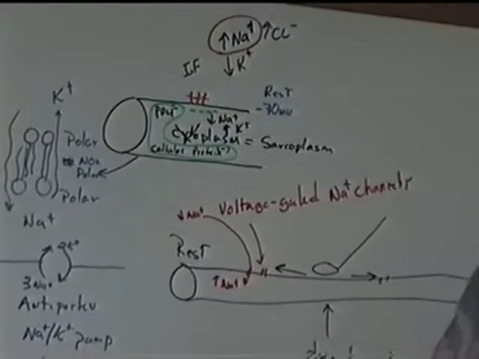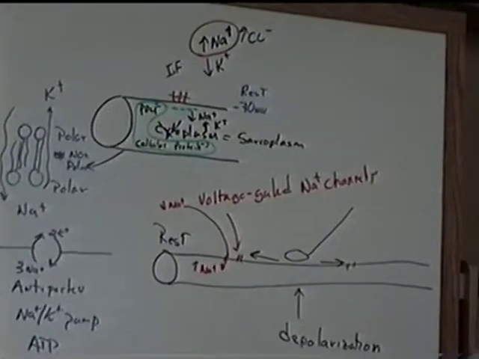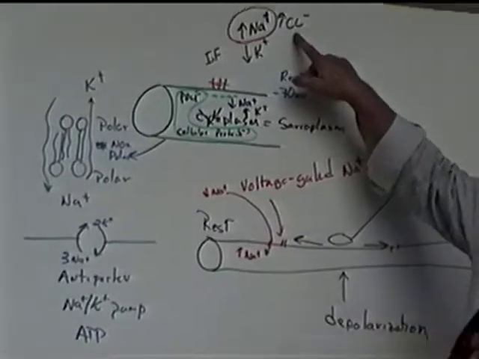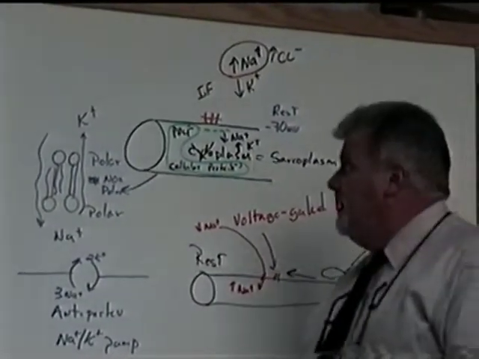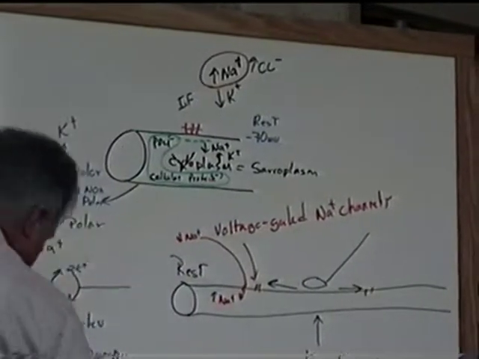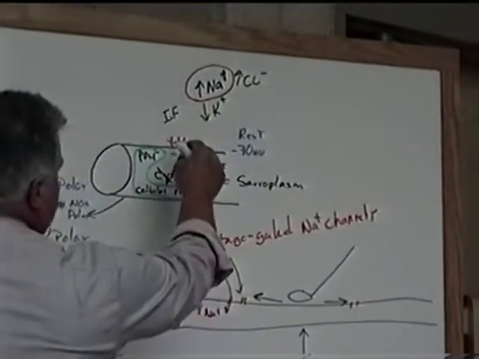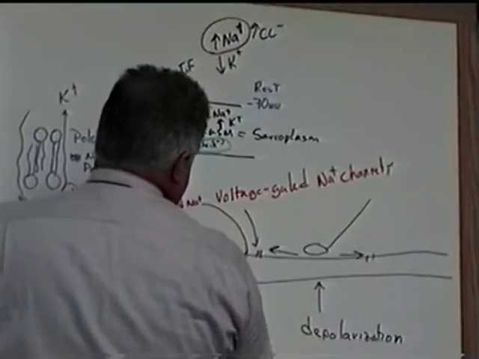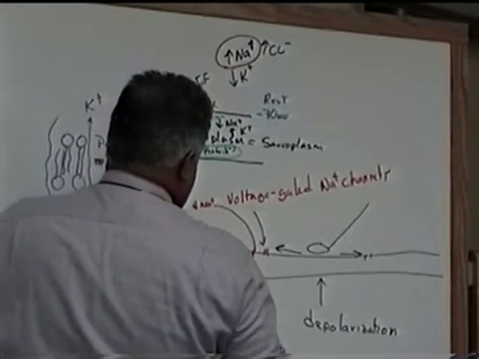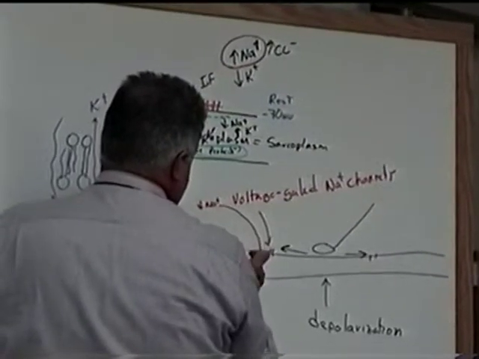Then I'm going to negate those negative charges, right? And chloride doesn't move. So what I'm going to end up doing is reversing the charge across my membrane, so that the membrane becomes positive on the inside and negative on the outside.